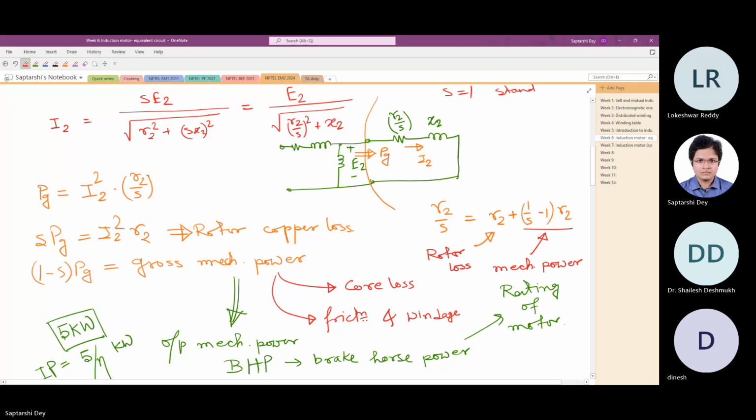It is like there is a resistance of value (1 by S minus 1) times R2, and the I2 current flows through this resistance, and there is some dissipation of heat in the equivalent circuit. That dissipation is nothing but the mechanical power in the actual machine.